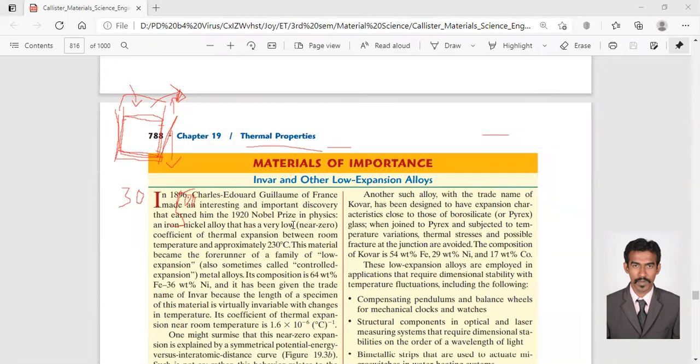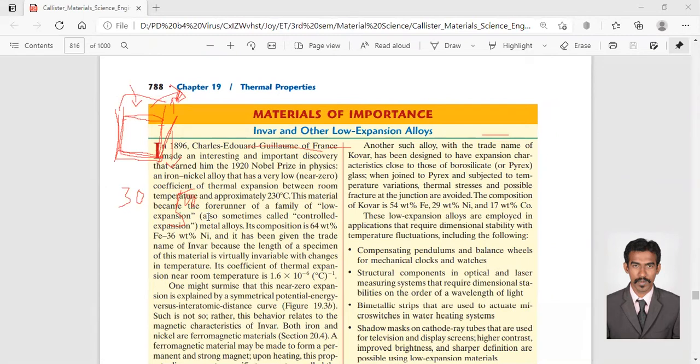So this iron nickel alloy, iron is Fe, nickel is Ni, has a very low coefficient of thermal expansion, so nearly zero. So it does not have any thermal expansion between this range, room temperature and 230 degrees Celsius. So room temperature may be 30 degrees Celsius and this temperature would be 230 degrees Celsius.